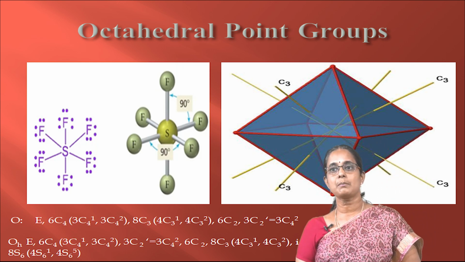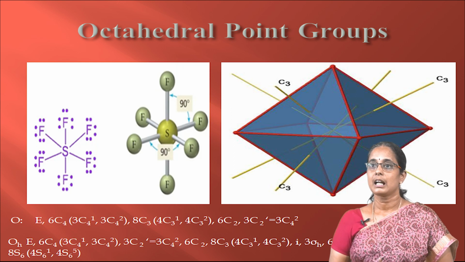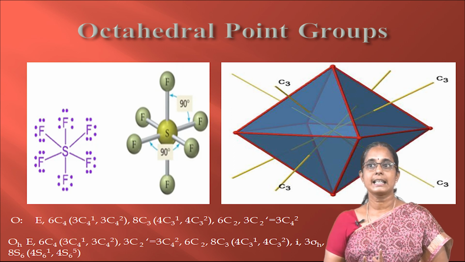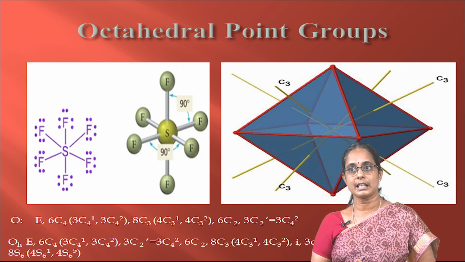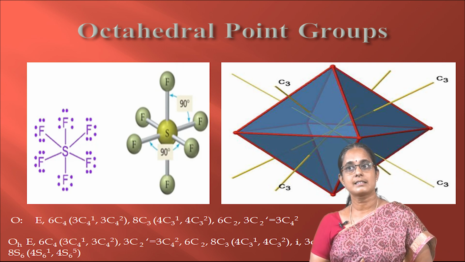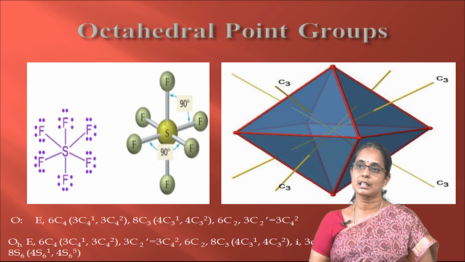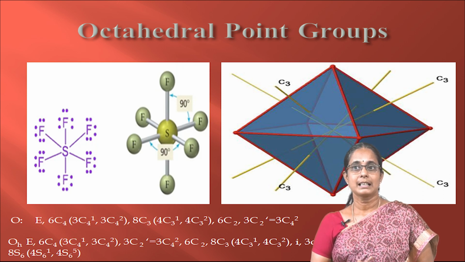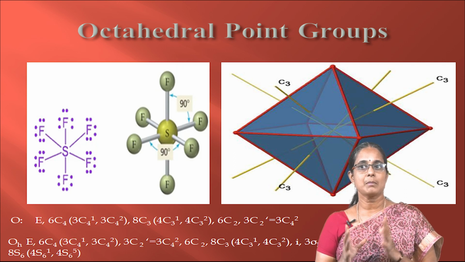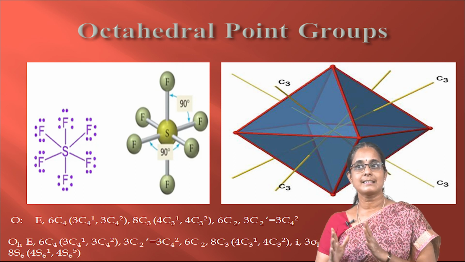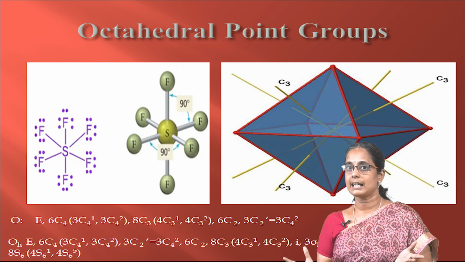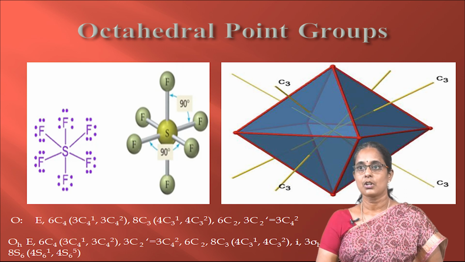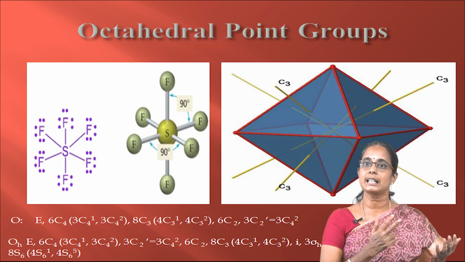In an octahedral point group, the elements are E, 6C4, 8C3, 6C2 and 3C2 dash or 3C4 dash. In the octahedral point group, if 3 sigma H and 6 sigma D planes are added, the group of higher symmetry can be generated. So the order of the group is 48.